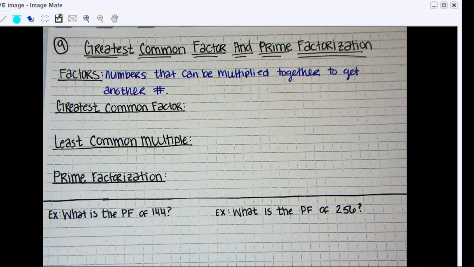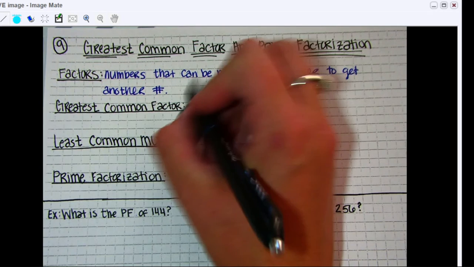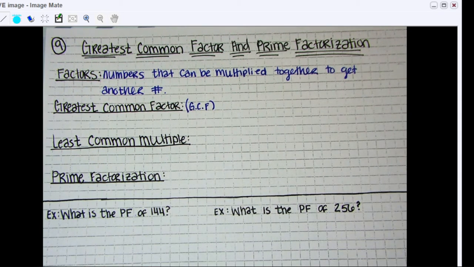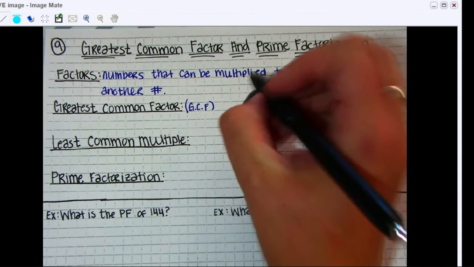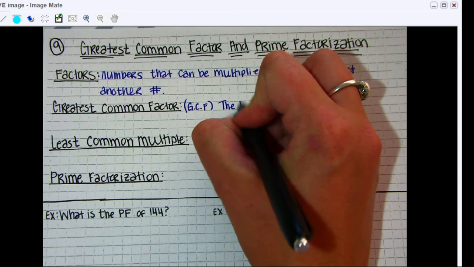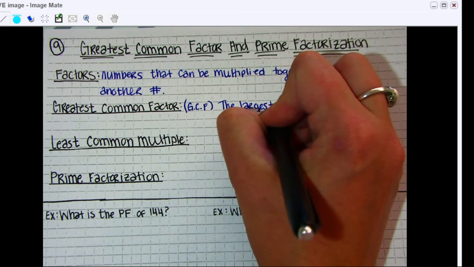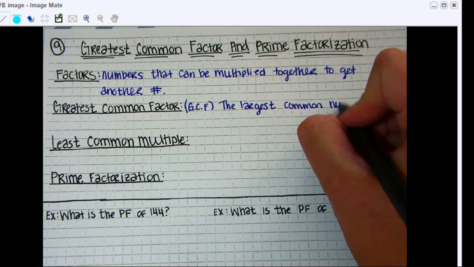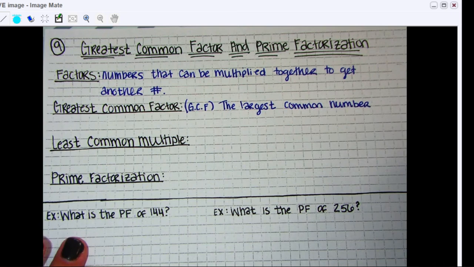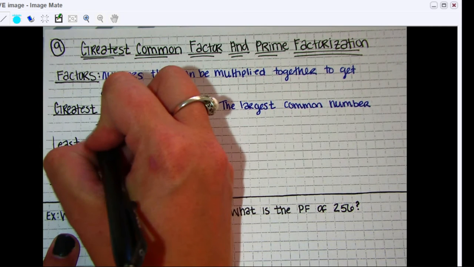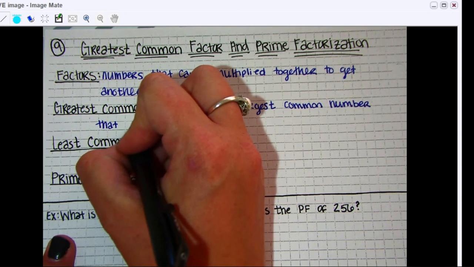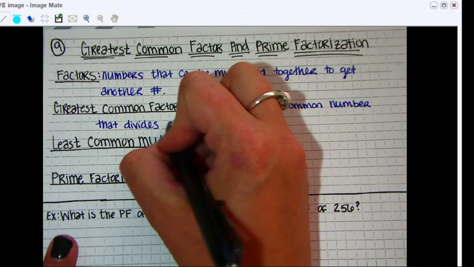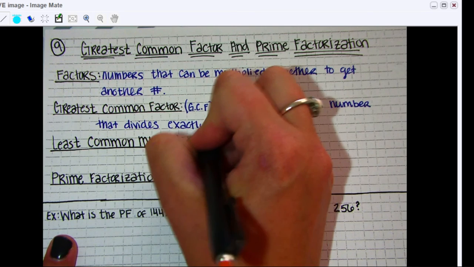Yep. Good job. So greatest common factor, another term, you might see this as just GCF, but it stands for greatest common factor. And it is the largest common number that divides exactly into 2 or more numbers.